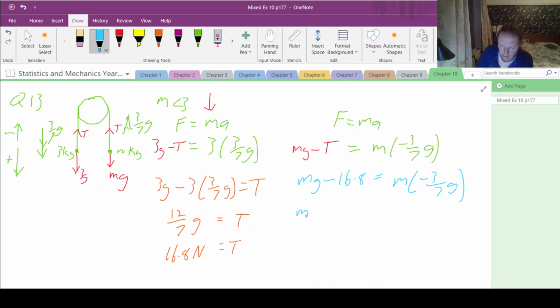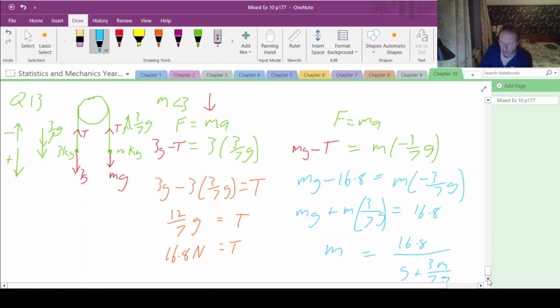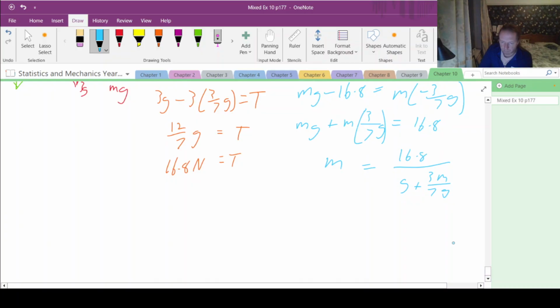We end up with mg plus m times 3/7 g equals 16.8. Okay, taking an m out of both of them, I end up with 16.8 being divided by g plus 3 over 7 g. Okay, too far.